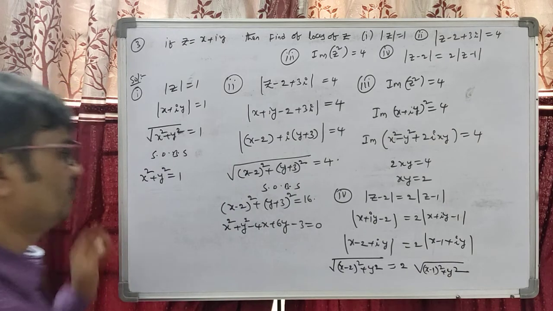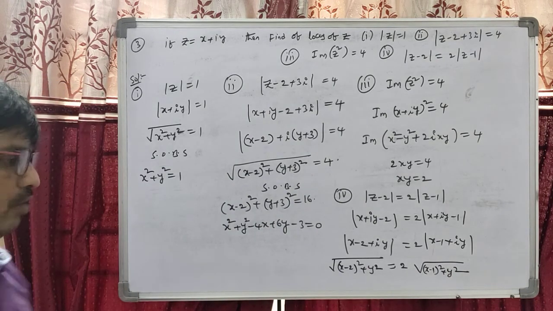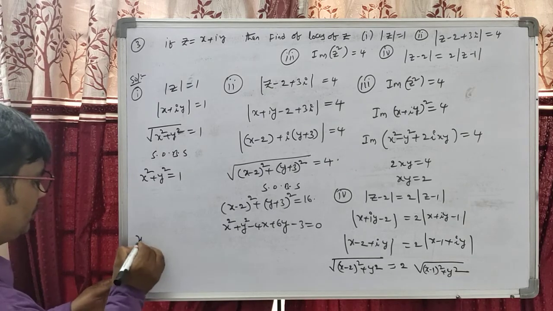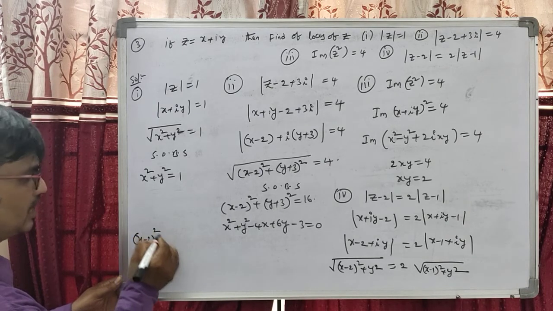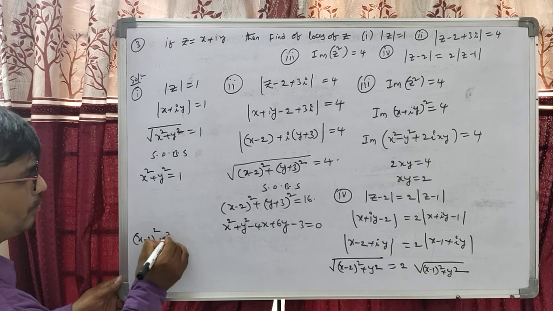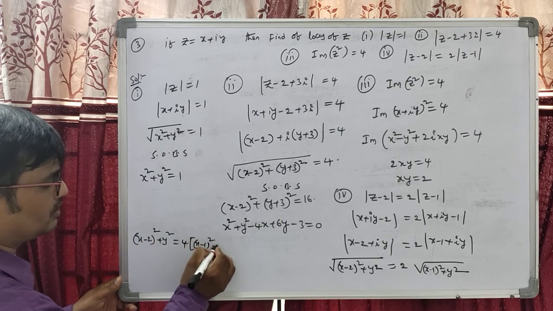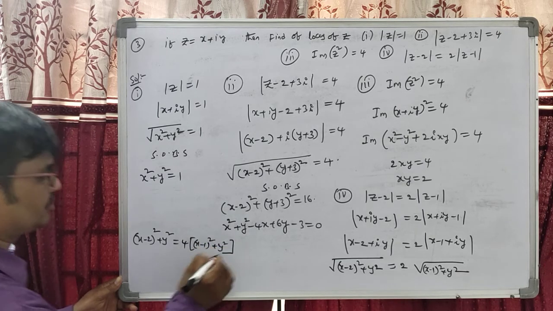Now students, squaring on both sides. When we square both sides, we get (x − 2) whole square plus y square equals 4 into (x − 1) whole square plus y square.